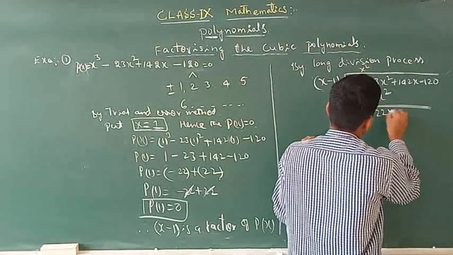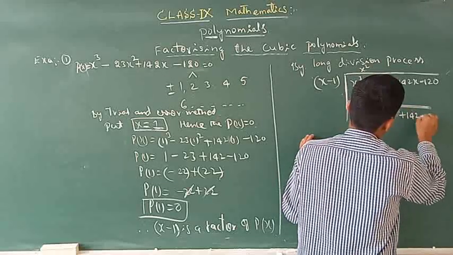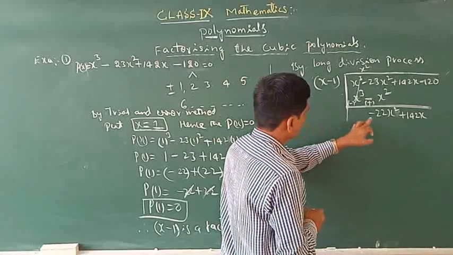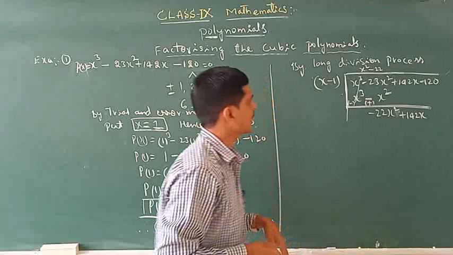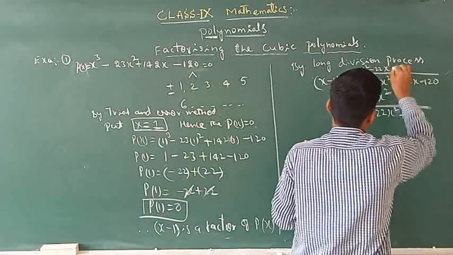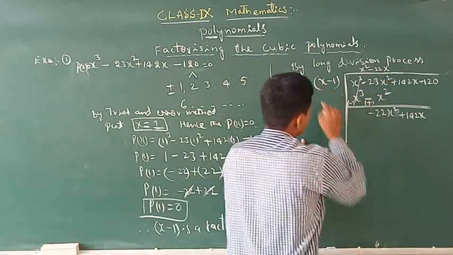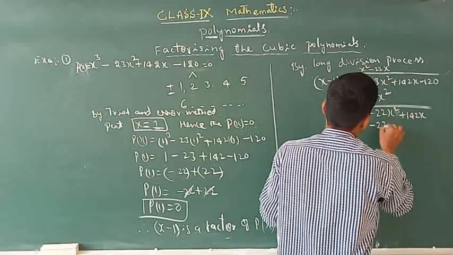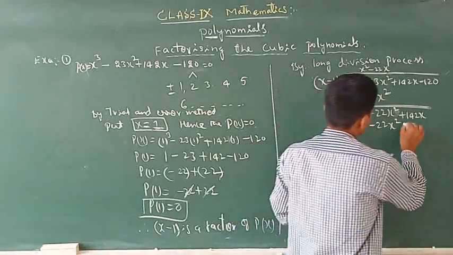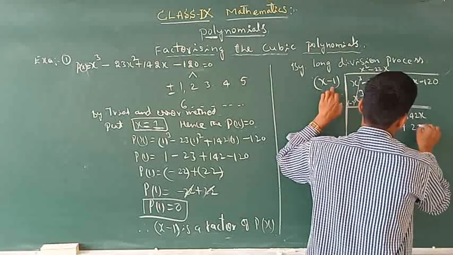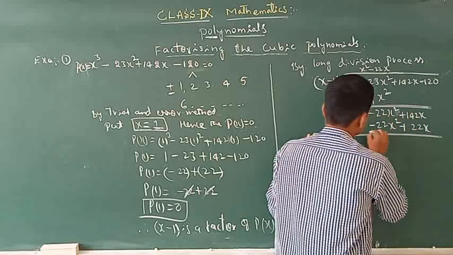So it is minus 22x square plus 142x. Now in order to eliminate the first term, we take minus 22 into x only. Minus 22 into x is minus 22x square, and minus 22 into minus 1 is plus 22x.